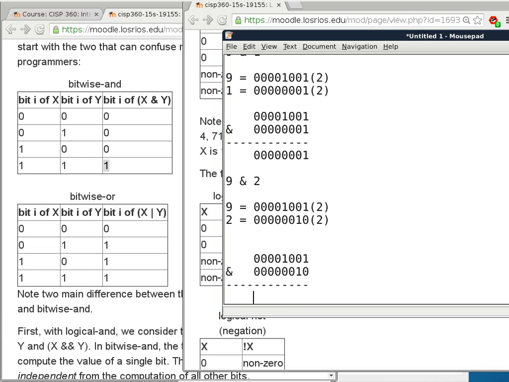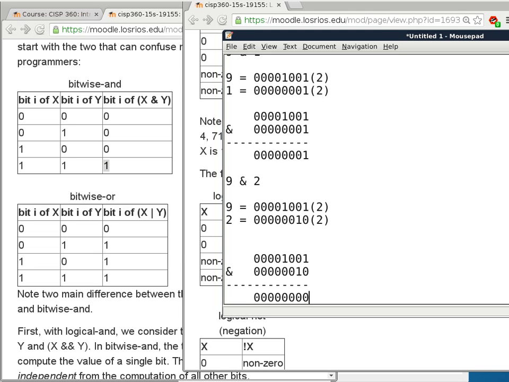0000 0000. All zeros, right? But that's false, right? So this time, whether you use bitwise AND or logical AND makes a difference.